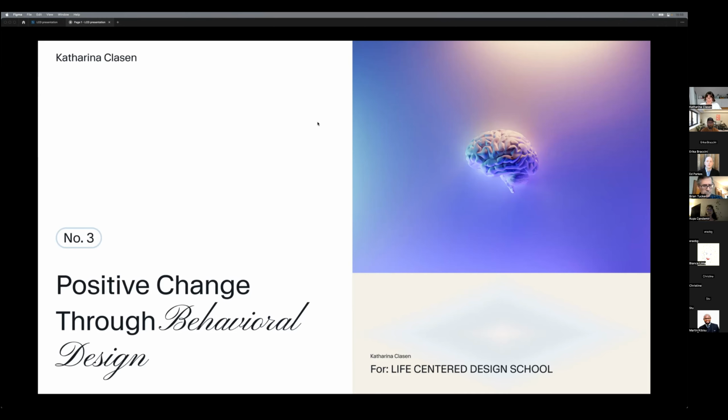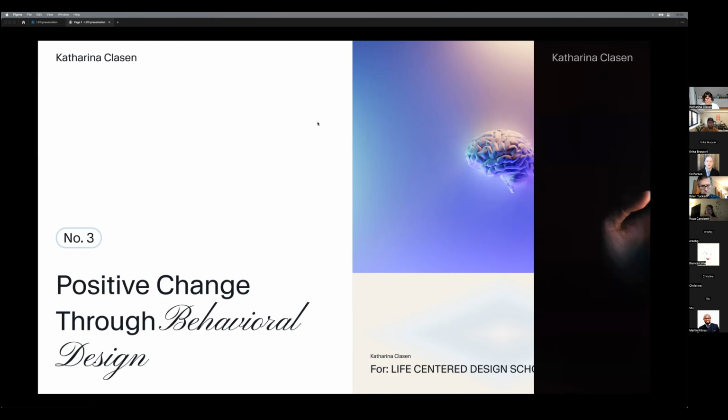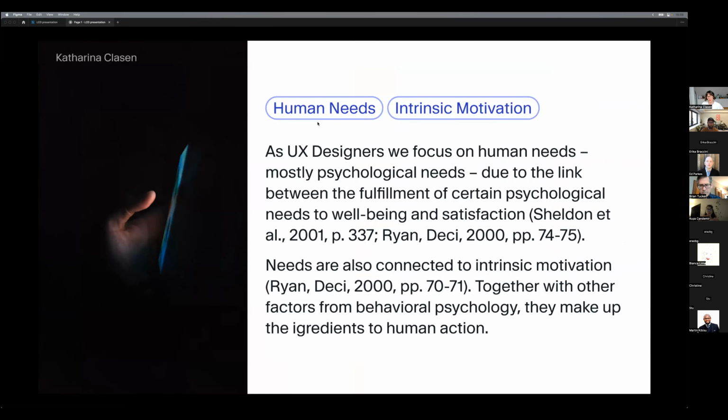I think behavioral design is also an interesting designer power. So I was already talking about how we UX designers like to consider psychological needs due to their link to satisfaction and well-being. But they are also linked to intrinsic motivation. And together with other factors from behavioral psychology, they basically make up the ingredients for human behavior and action.